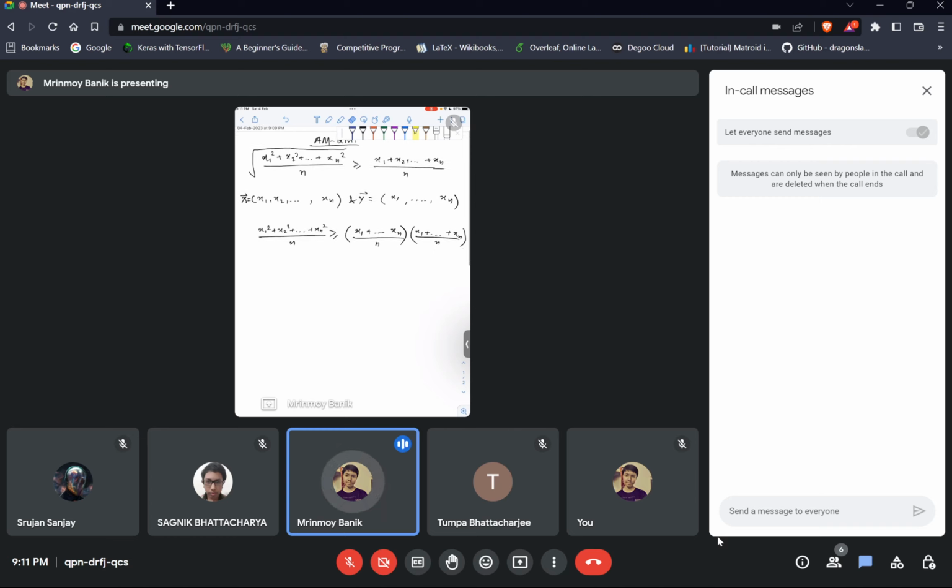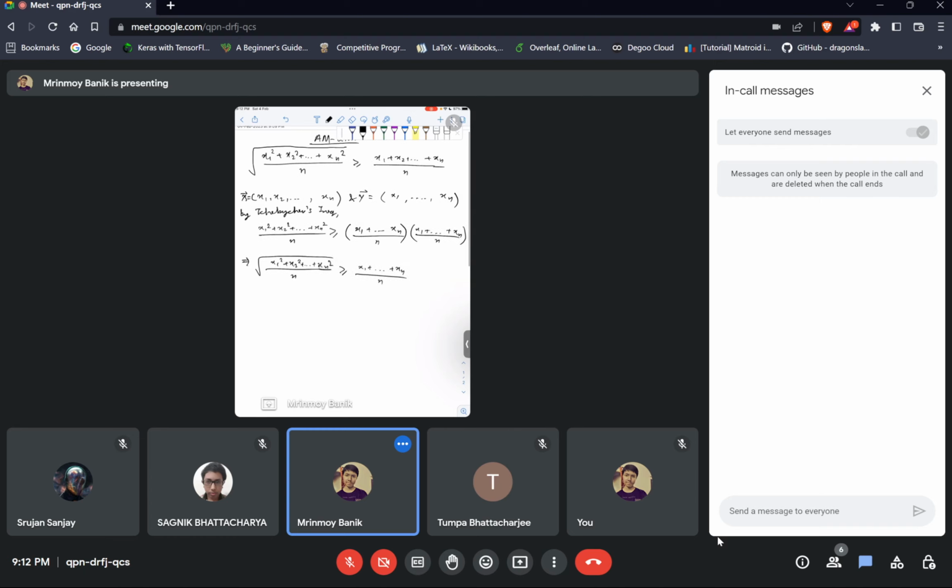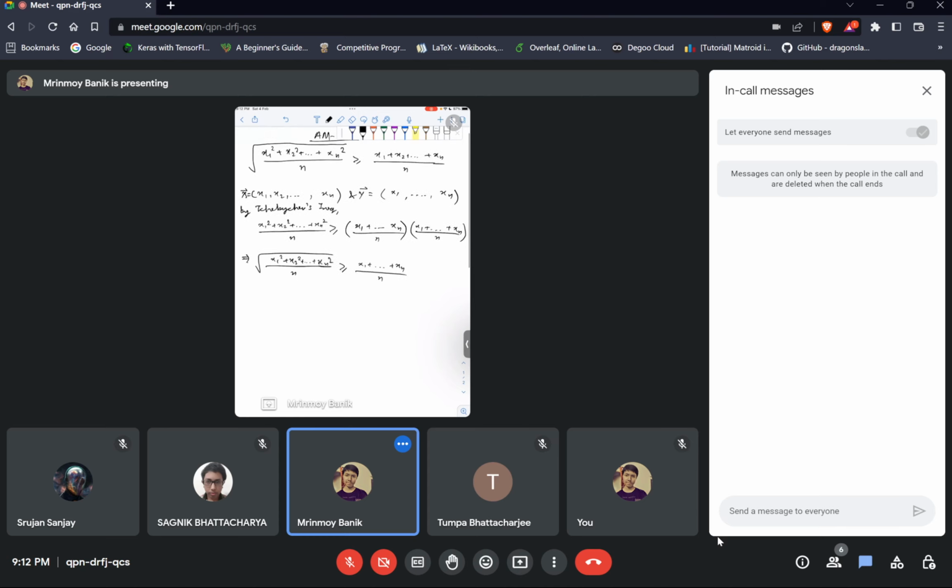Right, so this is by Chebyshev's. Now we can take the square root on both sides and get our required AM-QM inequality. Right, so this is a one-liner.